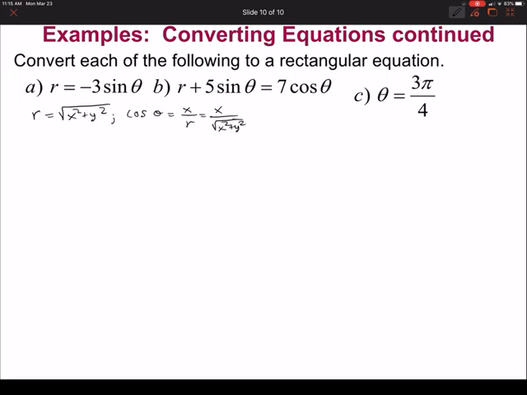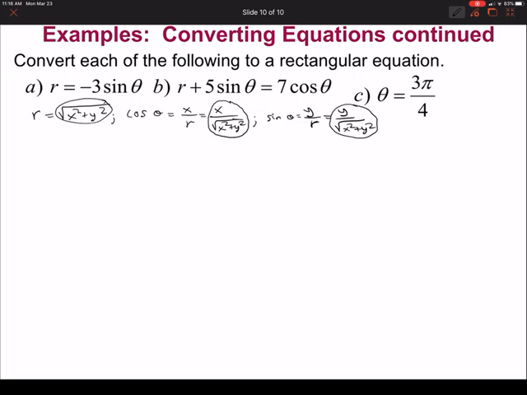So again, there's a formula, right, a definition we can use to establish conversion. And we can do the same thing with sine, right? We know sine theta is y coordinate over radius. So radius being the square root of x squared plus y squared, that's y over the square root of x squared plus y squared. So we've got some definitions here we can use.